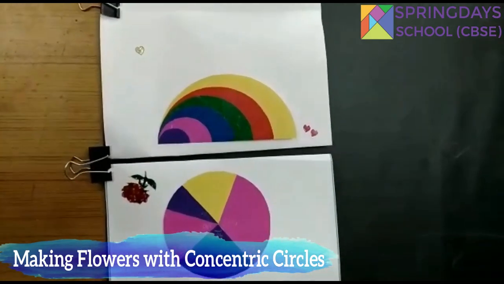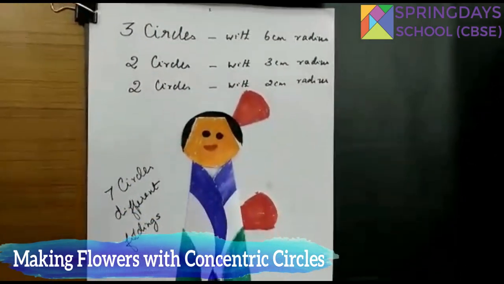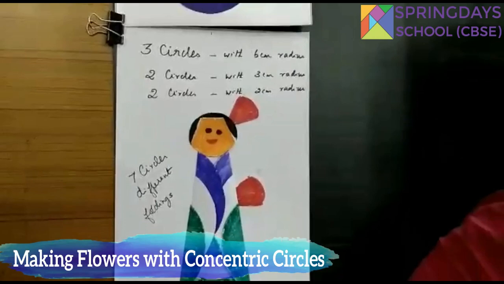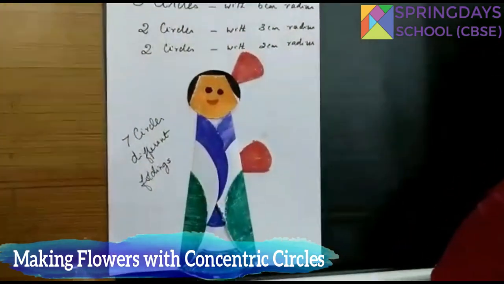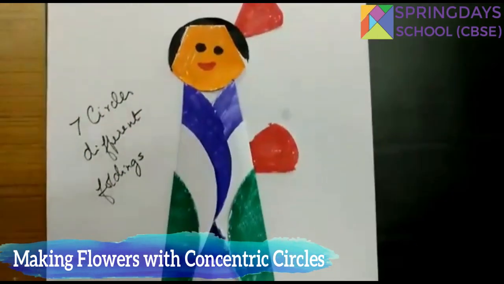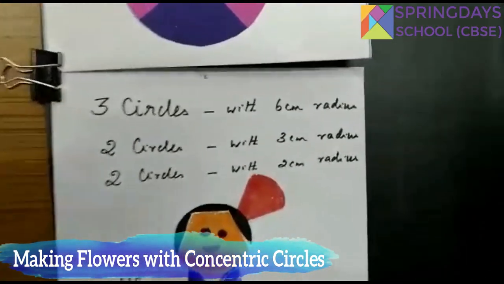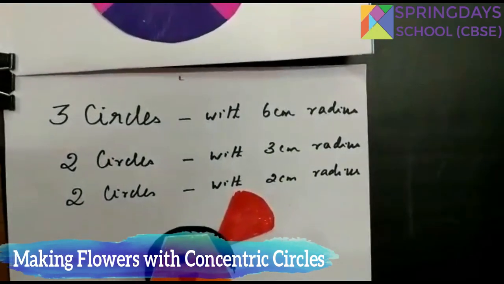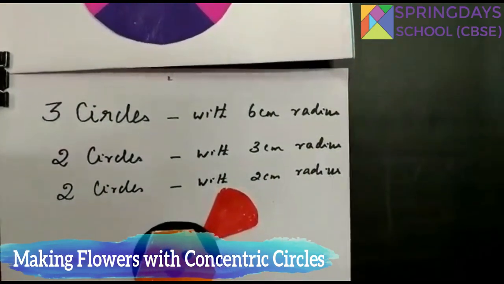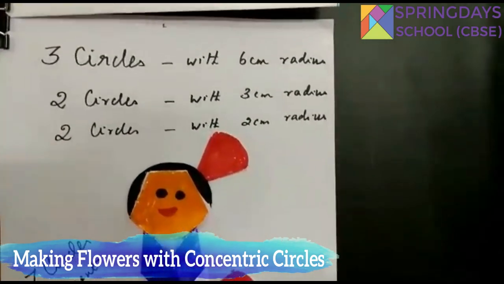So suppose if I take to the primary level, this is a simple activity which I give for primary children. Do you know what is it? A Japanese doll. Here it is made up of 7 circles. I've written here 3 circles with 6 centimeter radius, 2 circles with 3 centimeter radius, 2 circles with 2 centimeter radius.